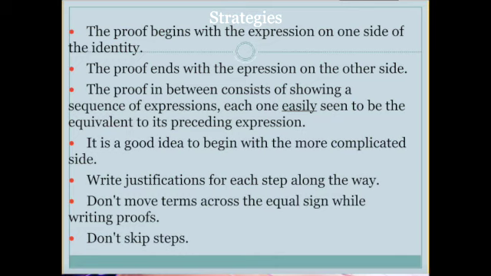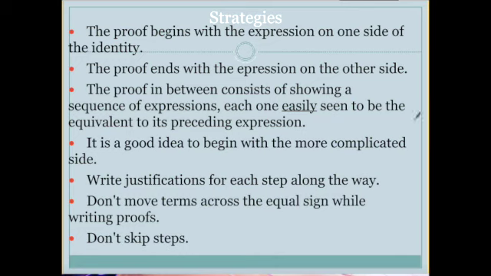Number one, remember, the proof begins with the expression on one side of the identity, and the proof ends with the expression on the other side. Now, in between, the work that shows that we can simplify one side until we get to what's on the other side has to consist of showing a sequence of expressions where it's easily seen that one step corresponds to the next and leads to the next.